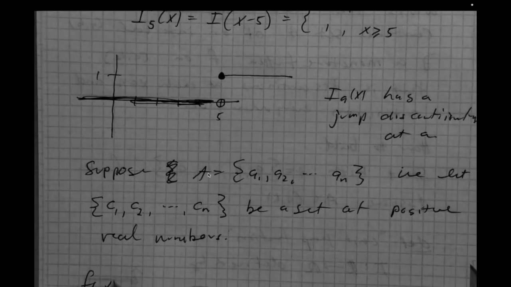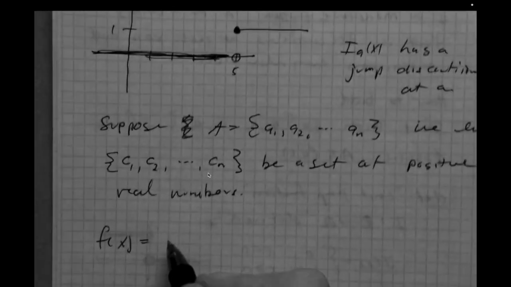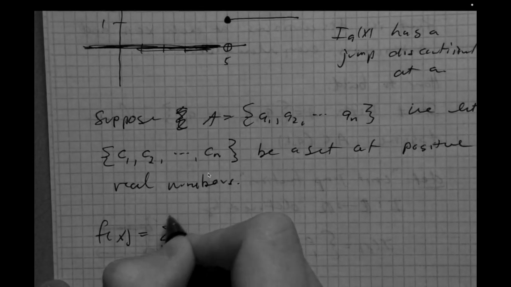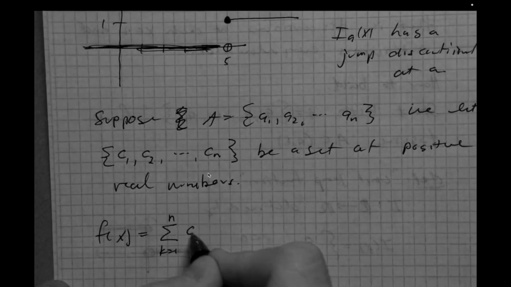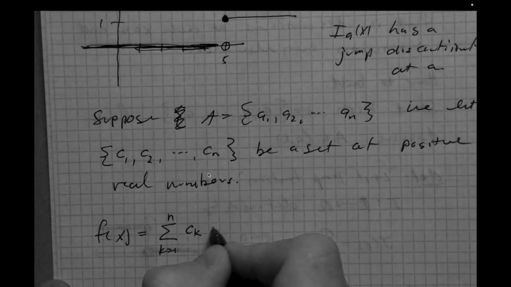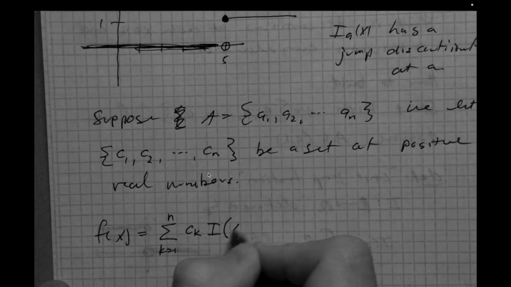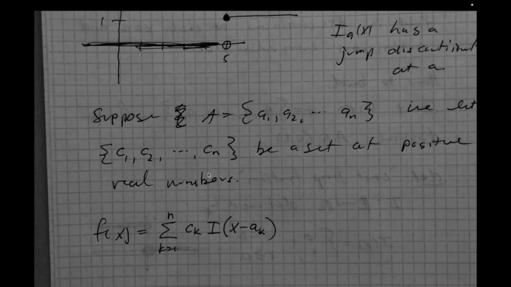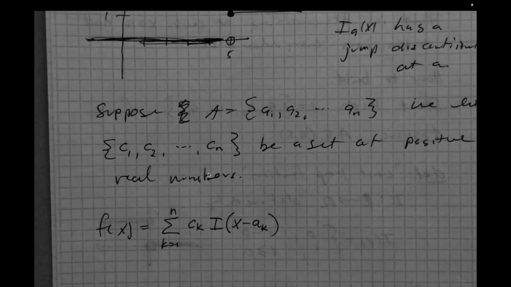So f of x is just equal to the sum for k equals 1 up to n of ck times I of x minus ak. This function gives you exactly what you want.